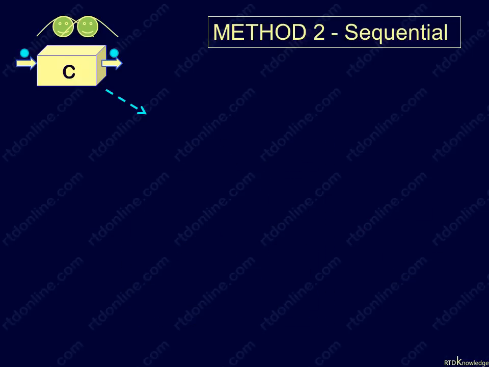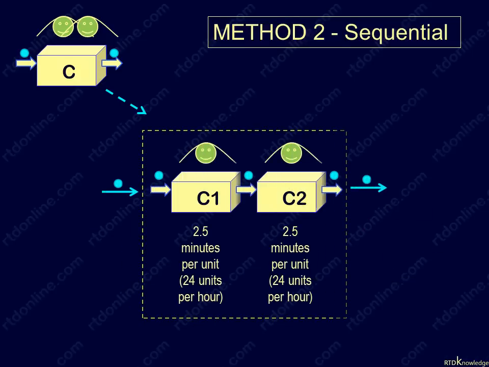Let's now look at the sequential method. Here the 2 operators will share equally the tasks within the workstation C. Station C1 performs the first set of tasks, then passes the unit on to station C2, which does the second and final set. Since station C has a 5-minute cycle time, C1 and C2 will each have a 2.5-minute cycle time.